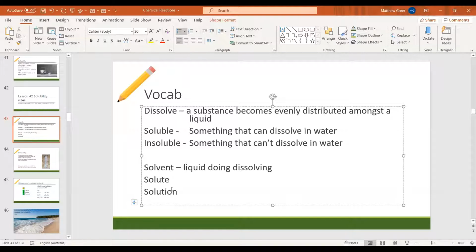In chemistry, it's going to be water. But again, you can dissolve things in anything: alcohol, hexane, and a lot of solvents that you don't know exist yet. I had to spend a lot of time working with solvents when I did my master's of chemistry.